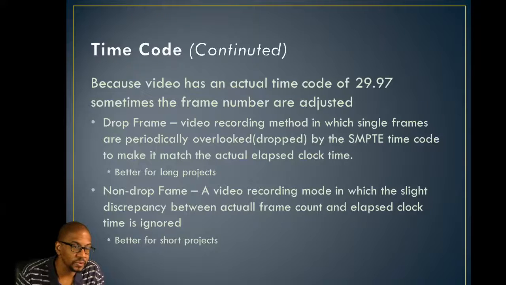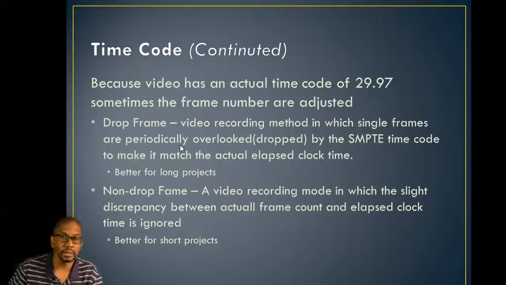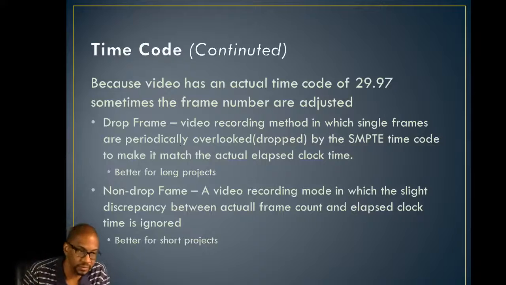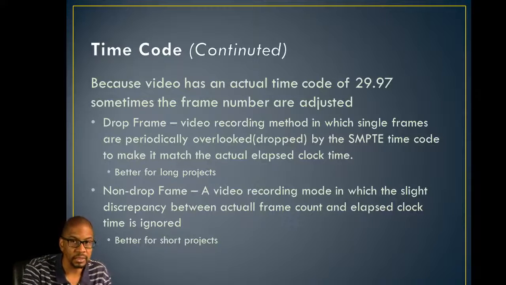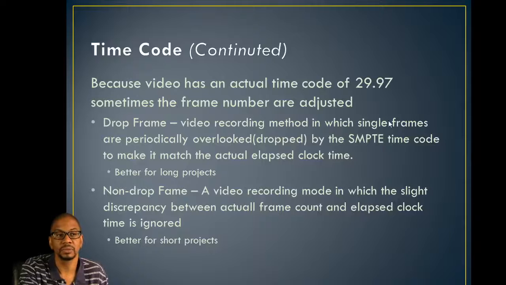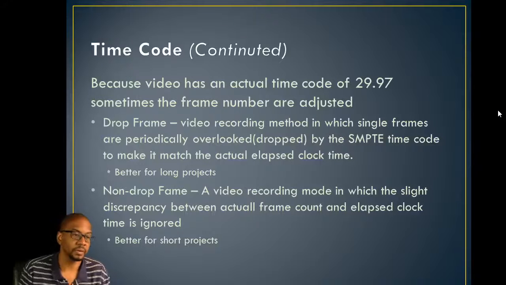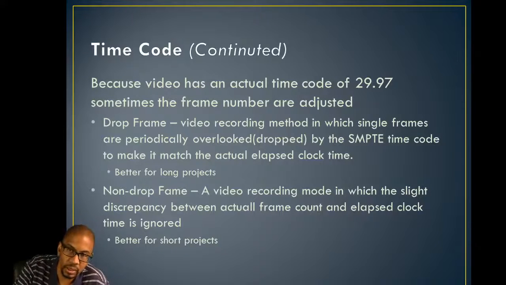To keep things balanced, the way they deal with that is they have a thing called drop frame, where every now and then a few frames are sliced out of the project. The reason you do that is, let's say you were recording something for 2 hours, and these fractions of frames are eventually going to add up.